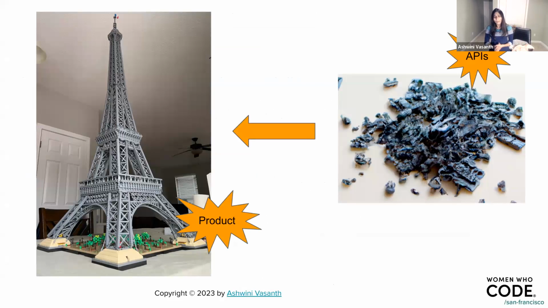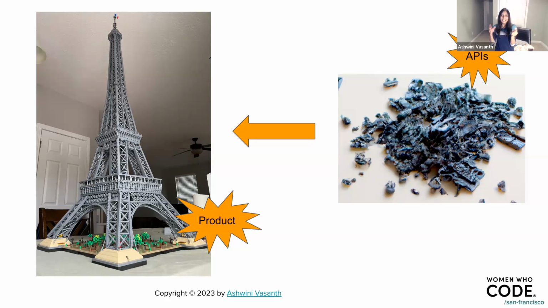Now, we always talk about why do we need to learn about APIs and what can we do with them, right? So the best way to think of an API is this visualization. I know most people would have done Legos over here. This is what I spent last year's December doing, building this Eiffel Tower with my husband.